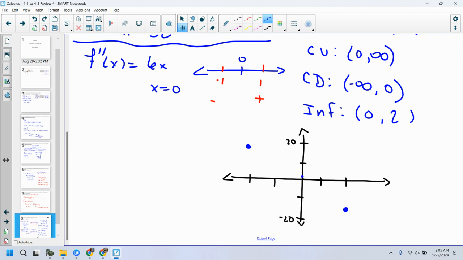There is an inflection here. I know that it is concave upward from here, bottoming out here. I know it's concave downward there. General trends.